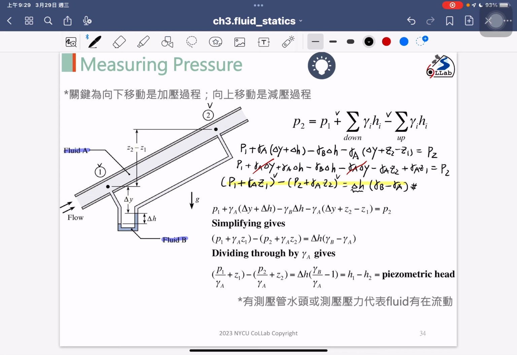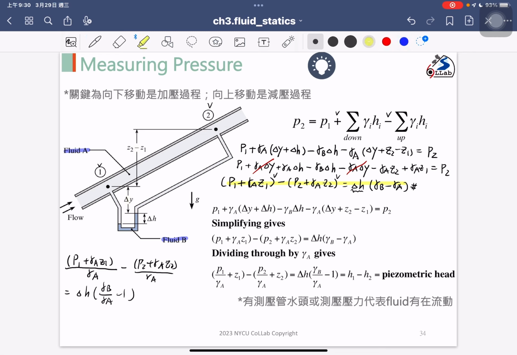Okay. In other words, I can divide both sides by gamma A. So here I have P1 plus gamma A Z1 divided by gamma A, minus P2 plus gamma A Z2 divided by gamma A, equal to delta H times gamma B divided by gamma A minus 1.